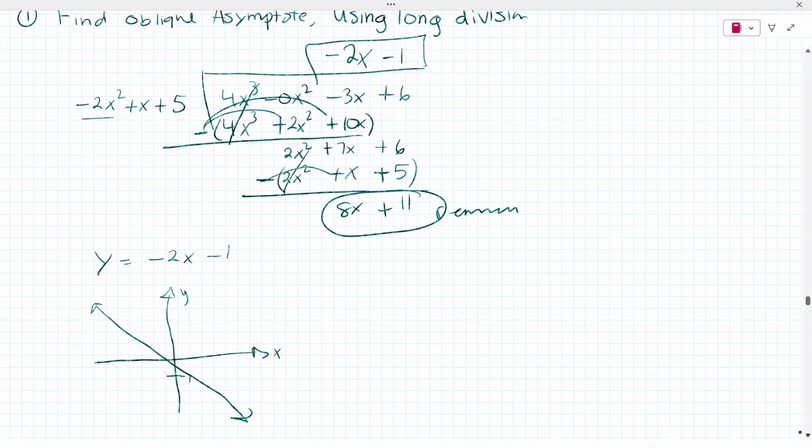So you tell me, what is the limit as x approaches positive infinity of the linear function negative 2x minus 1? As x goes to positive infinity, the y value shoots down to negative infinity. Okay, so that's your answer.